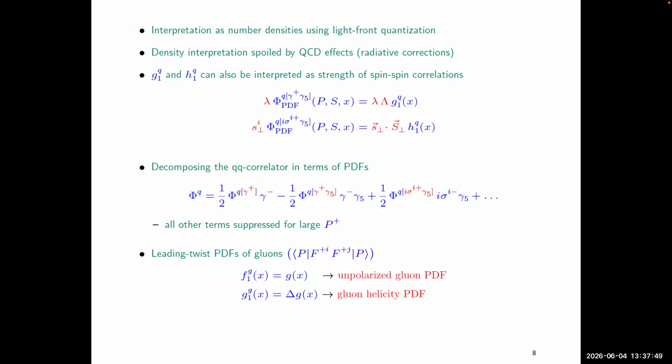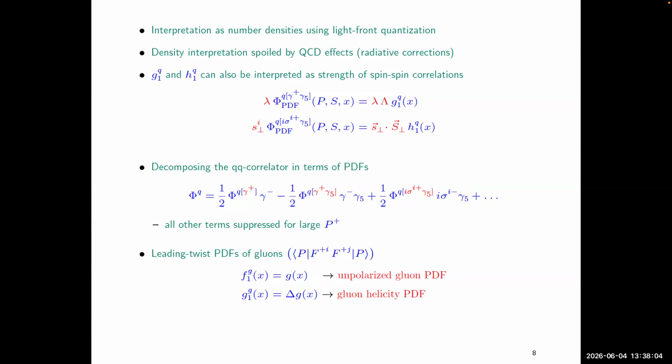And the same thing applies in the case of the transversity. Just replace helicity by transverse polarization of both the target and the quark. Let me skip over that here. I don't actually need it for the following.